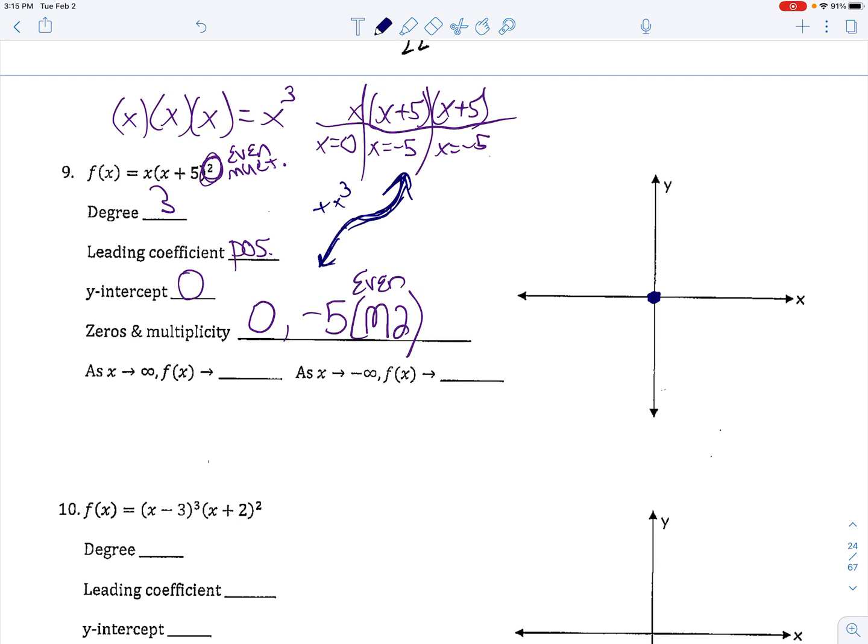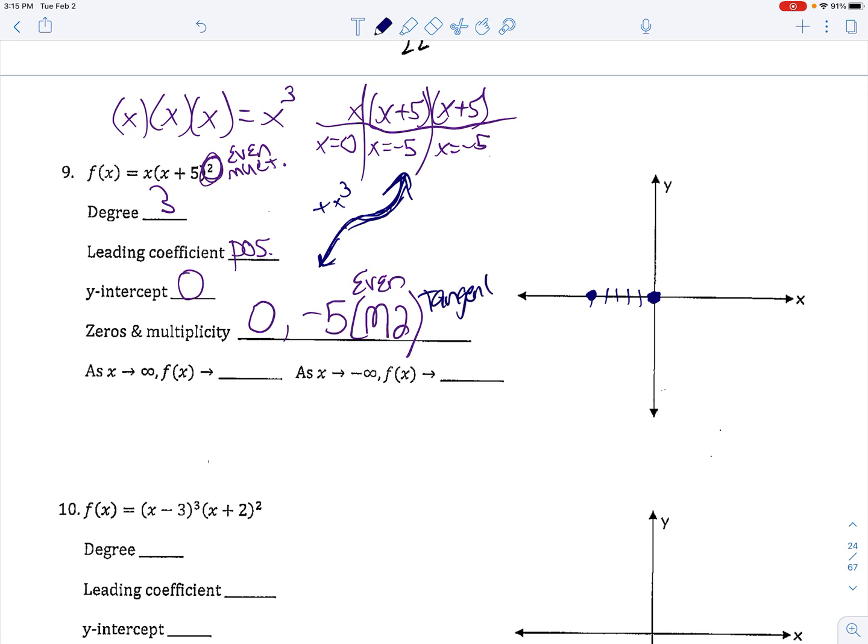All right, so let's give this a sketch. So the origin is a point. It's the y-intercept and the x-intercept here for this graph, and then -5 has a multiplicity of 2.